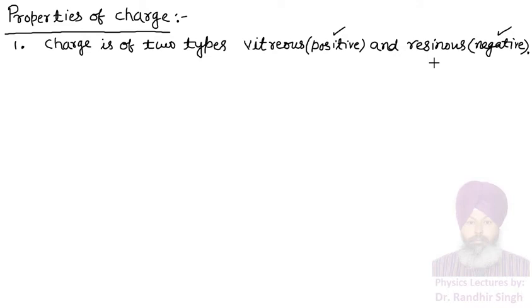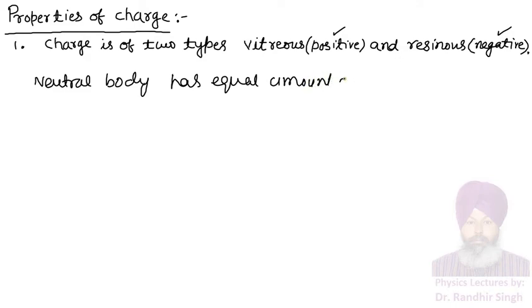One thing we can say is that there are certain bodies which are neutral actually. So then you can have charge as positive, negative and 0, but we will not consider 0 as a type of charge, because a neutral body has equal amount of positive and negative charge.